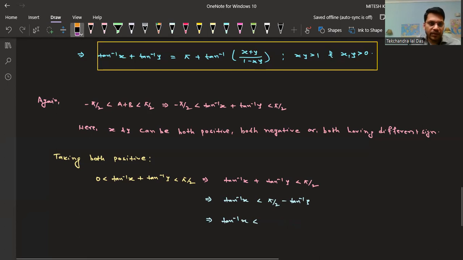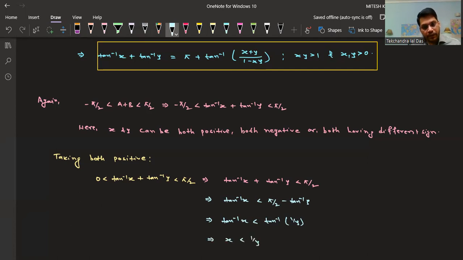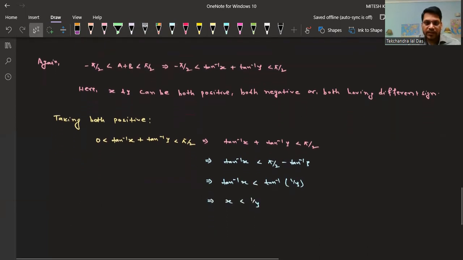This is cot inverse y, so we can directly write tan inverse of 1 by y. We have done this earlier. So from here we can write x less than 1 by y. And since x and y are both positive, definitely x into y less than 1. So we got x into y less than 1.